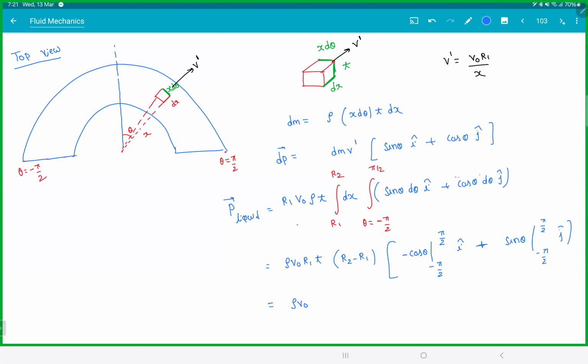So this will be rho V naught R1 T, R2 minus R1. This will be 0 plus 2 j cap. As expected, it is only in the j direction. 2 rho V naught R1 T, R2 minus R1 j cap.